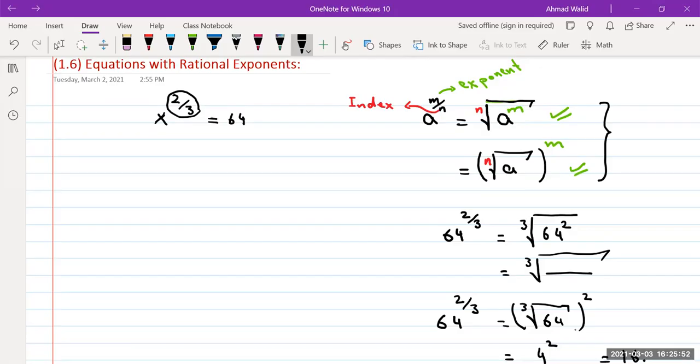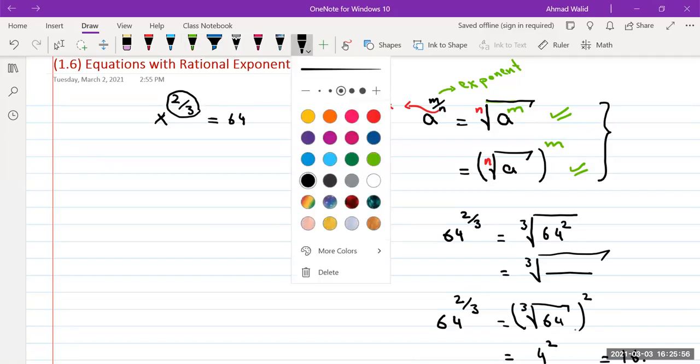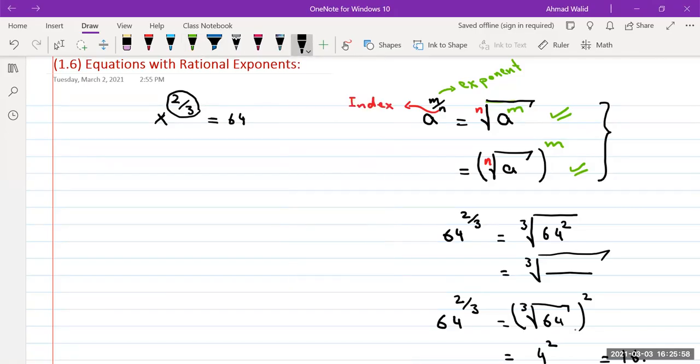The second rule that you have to remember is the easy rule from fractions: if I have a fraction in the form of m over n, to change the value of this fraction to 1, I can multiply it by its reciprocal, n over m.